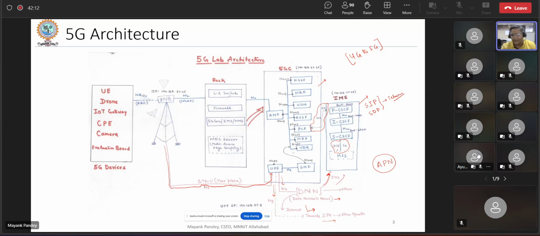But the problem here is that whether you are going to use HSS or the UDM and UDR, I told you that HSS is replaced by UDM and UDR. IMS does not know the web API.